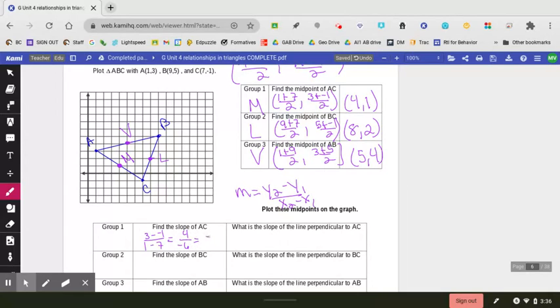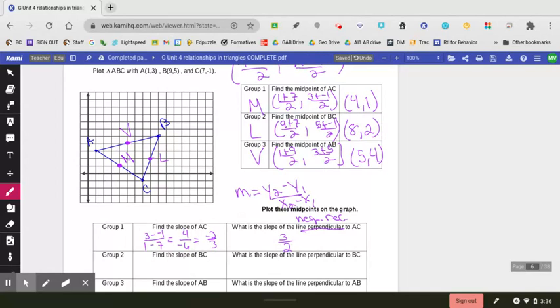That can be reduced to negative 2/3. Now we've got to remember the perpendicular line. Perpendicular slopes are negative reciprocals. So that means the perpendicular slope to negative 2/3 is 3/2.